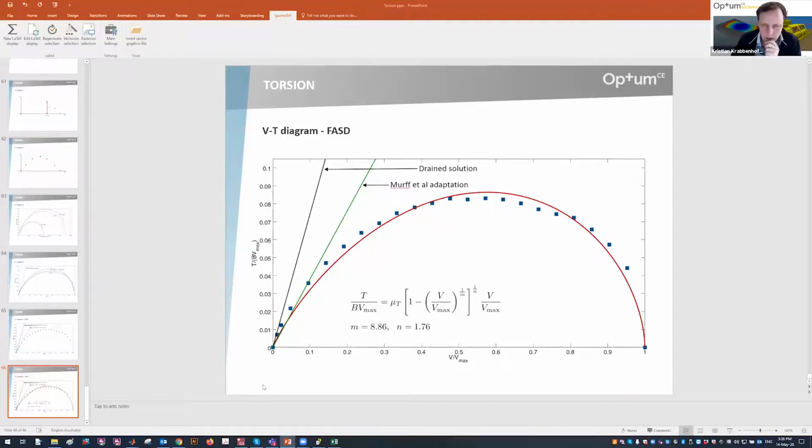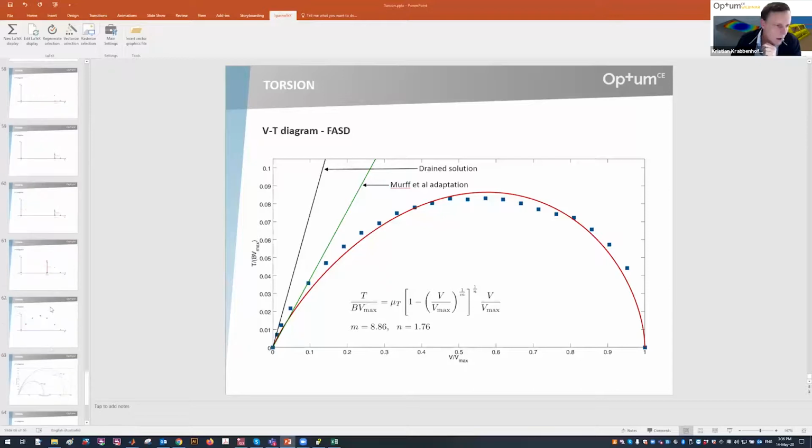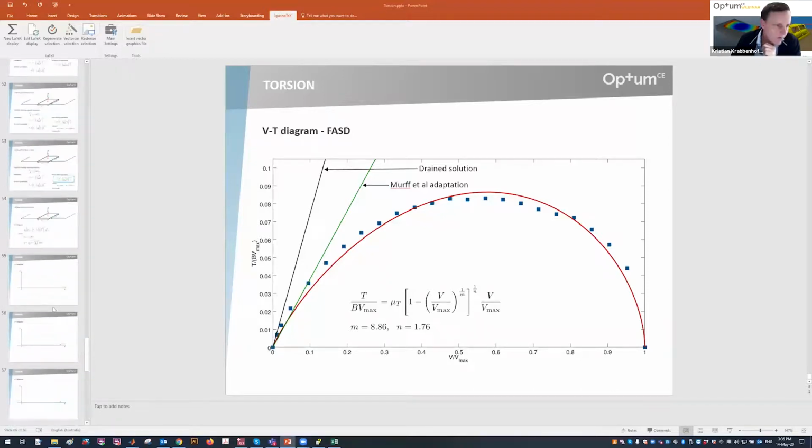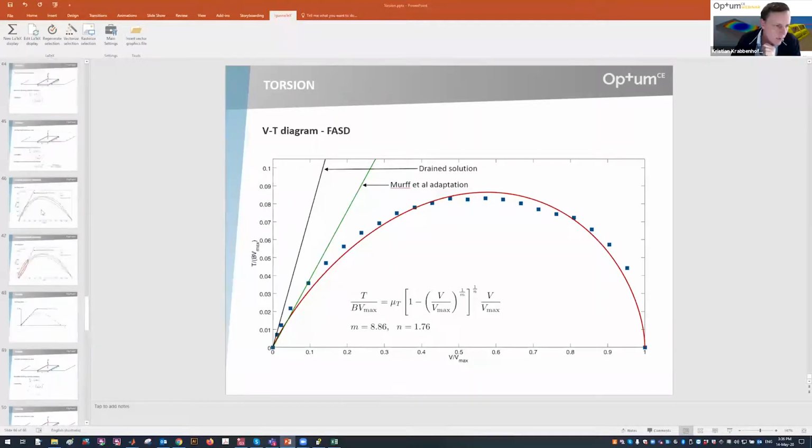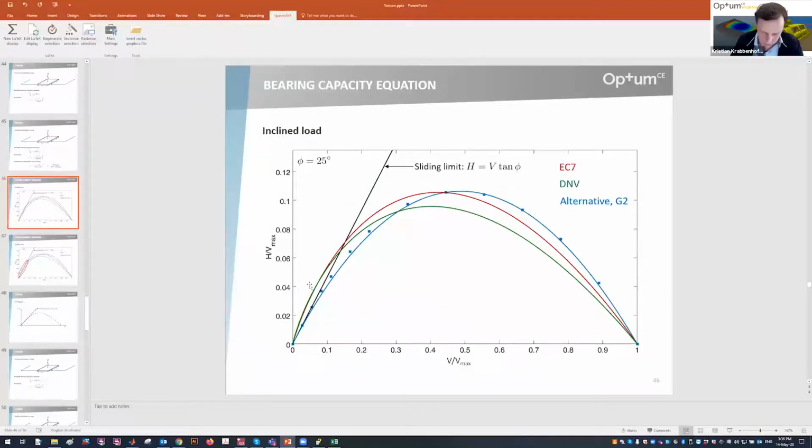The area between sliding and bearing is very small. I'm assuming you're referring to this slide here.